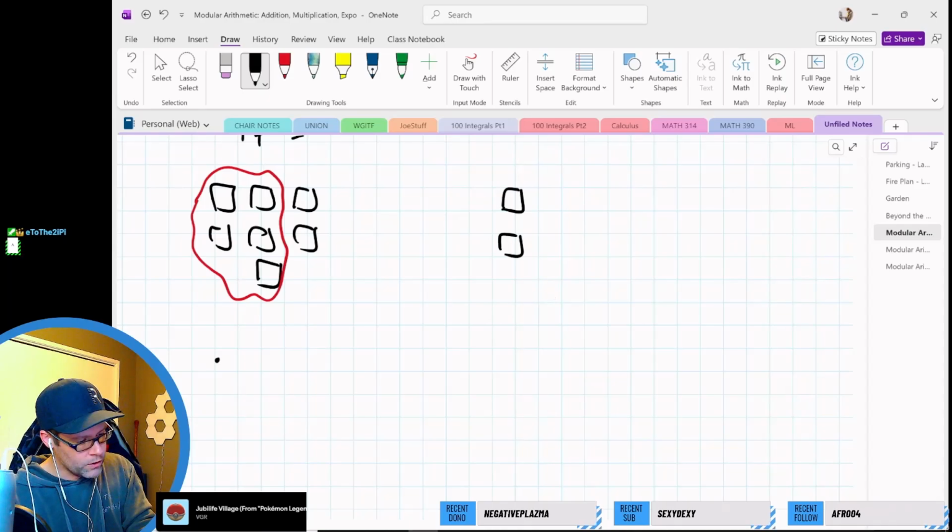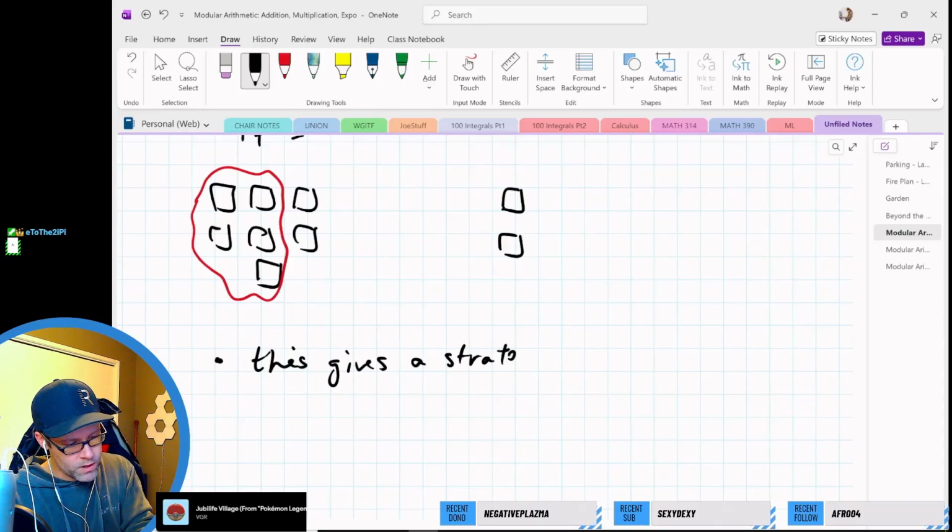So I'll just make a little note here that this is typically the strategy that we use when working with negative numbers in our modulo arithmetic setting. And we've used this already.